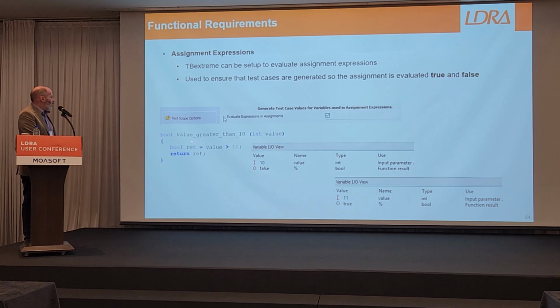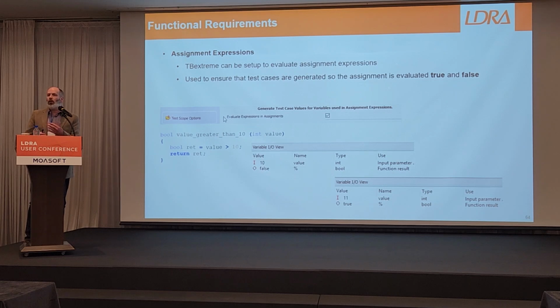So in this particular instance, we have a reasonably simple expression, which is return value is greater than 10. And we can therefore automatically generate our test cases where we're giving the function, the variable value, the value of 10, or we're going to give it something that is greater than 10. In this instance, we're giving it 11, and we'll be able to automatically go through the code, look at those expressions, and give you meaningful test data values as part of the TB Extreme process.